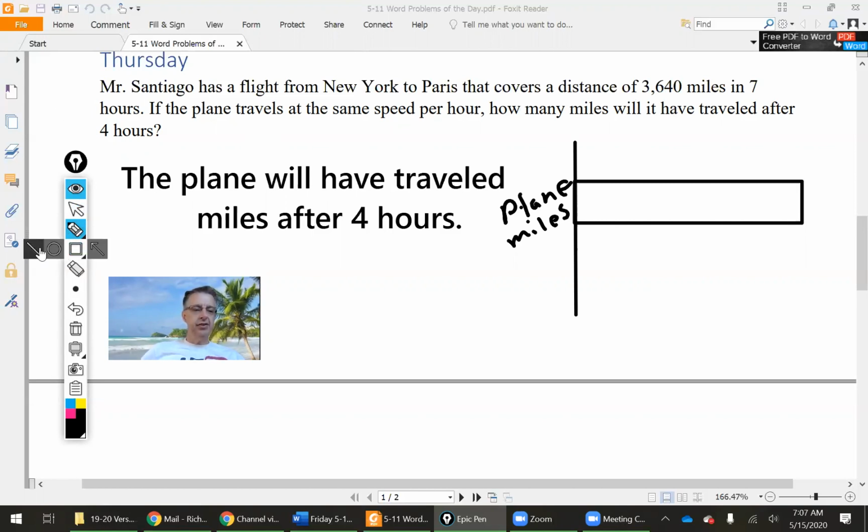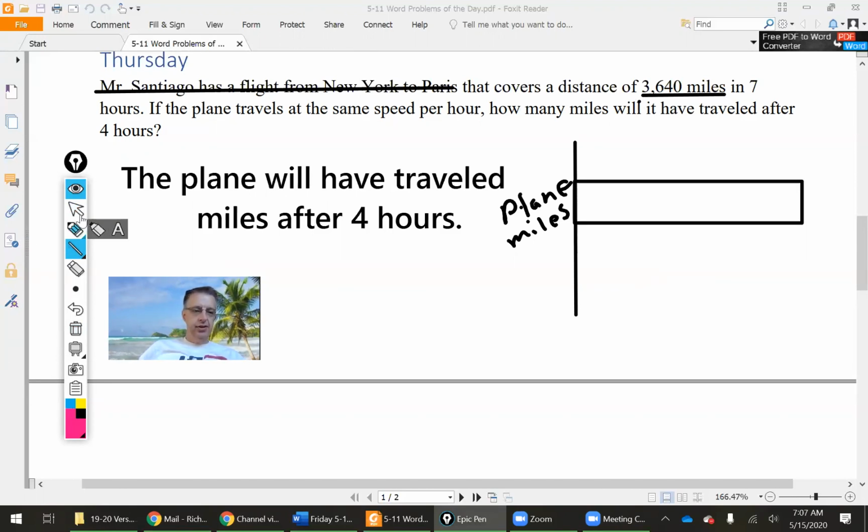There's a lot going on in that sentence, boys and girls. I really don't need this part about Mr. Santiago has a flight from New York to Paris. I've already put in the plane miles. I do look here where it says 3,640 miles. That's the total amount of miles. So I really want to put that in, and that's the total I'm going to put here at the very end.